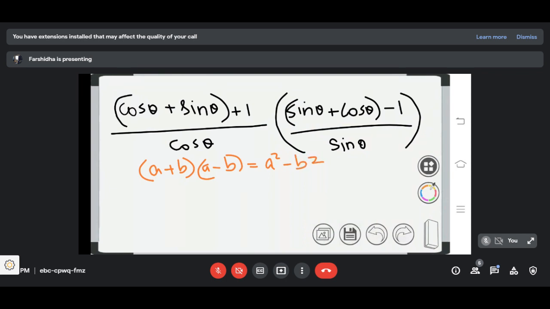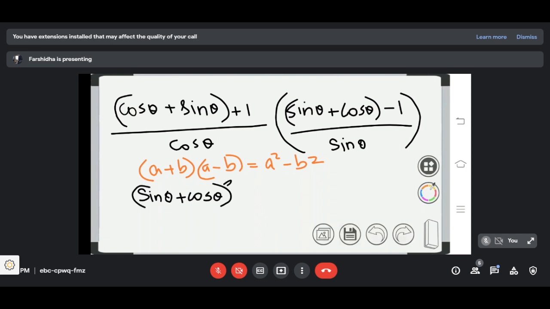Okay, so here I'm considering sine theta plus cos theta as A, and B I'm considering as 1. A plus B into A minus B, so I'm writing it in the form of A square minus B square. A square means sine theta plus cos theta whole square, because our A is sine theta plus cos theta.